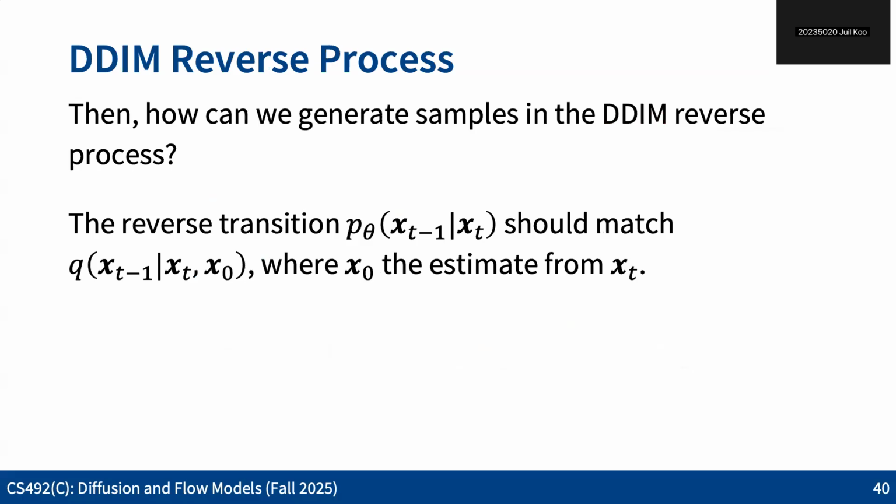Whether we have the mean predictor, the clean sample predictor, or the epsilon noise predictor, what we need to do is that with any of the predictors given the xt, we compute the estimate of the x0, and based on that we sample from the conditional distribution that we have seen. That becomes the reverse process of the DDIM.